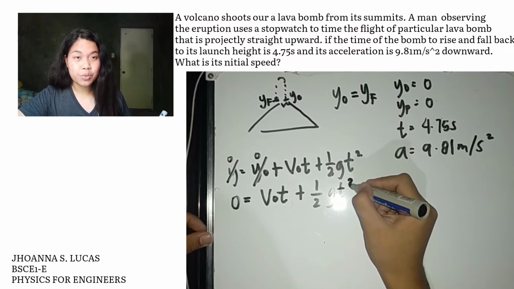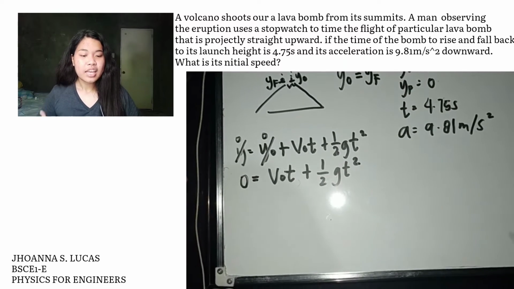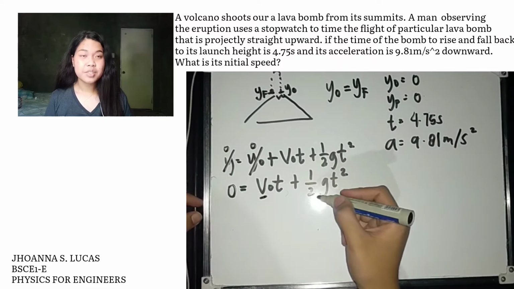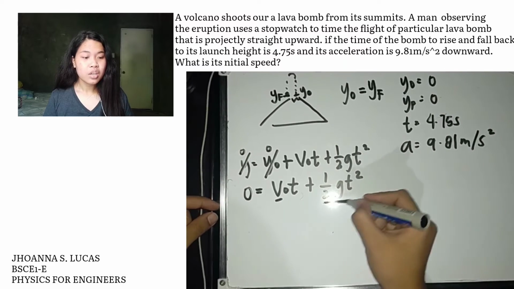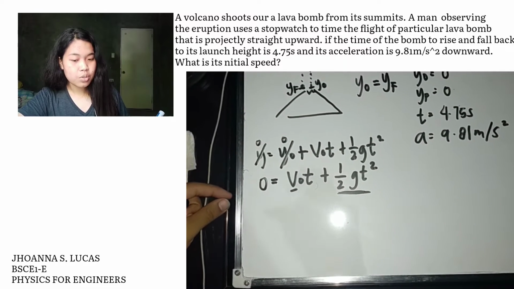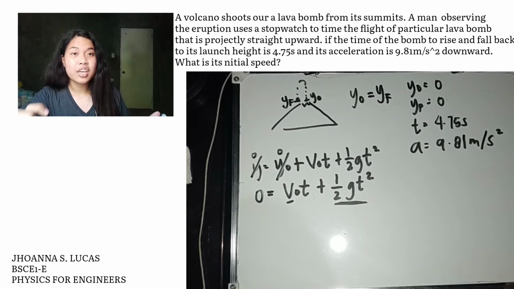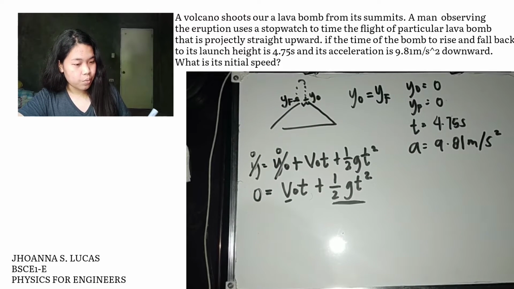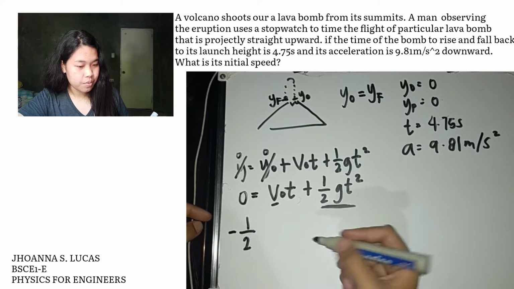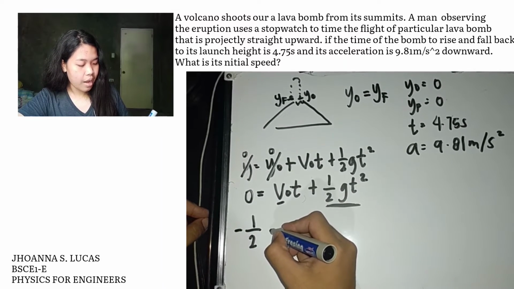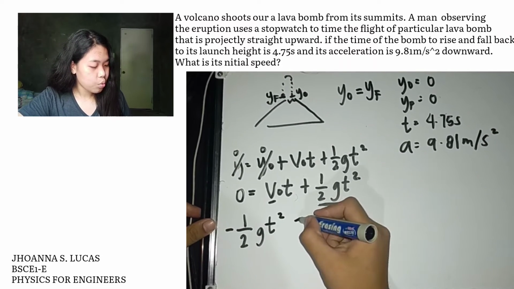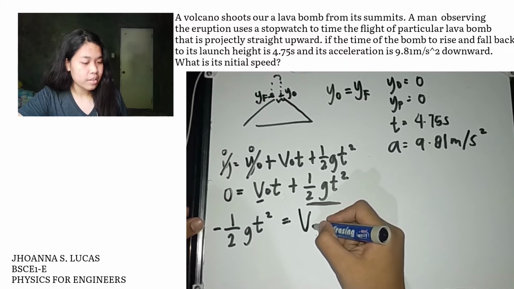So, since we need the initial speed, we will move this 1/2 times g times t squared to the other side of the equation for us to have an equation for initial speed. So, it will be negative 1/2 times g times t squared is equal to v sub o times t.